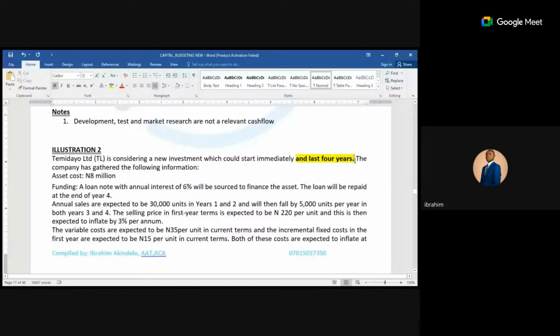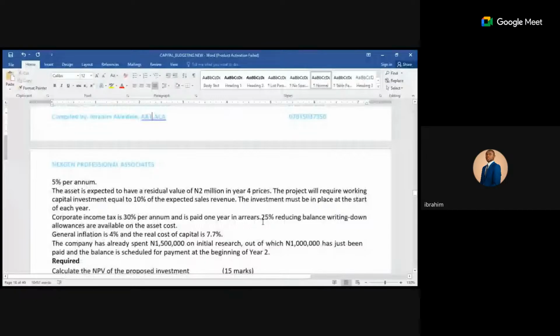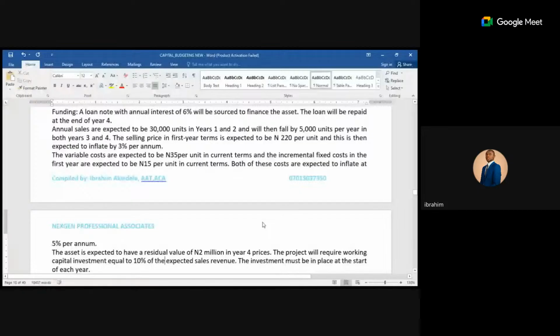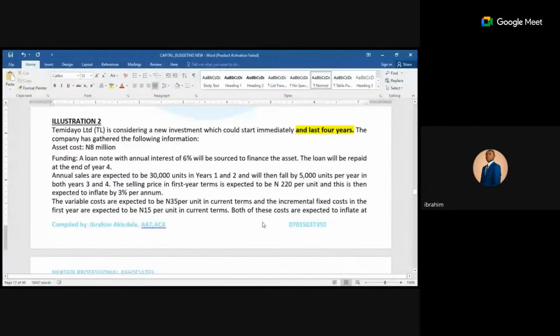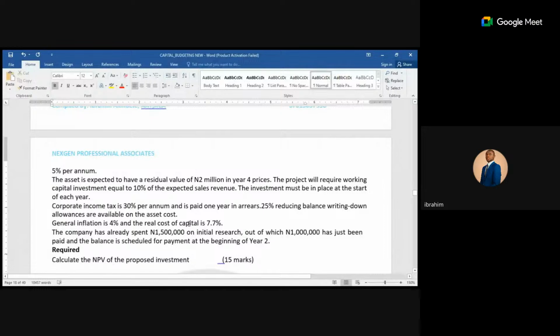You need to pay attention to this question. As small as it is, that is why they say it is 15 marks. I think this question is adopted from the ACCA AFM papers. The project lasts for 4 years, and the tax is paid in arrears, meaning year 1 will be paid in year 2, year 2 in year 3, year 3 in year 4, and year 4 in year 5.